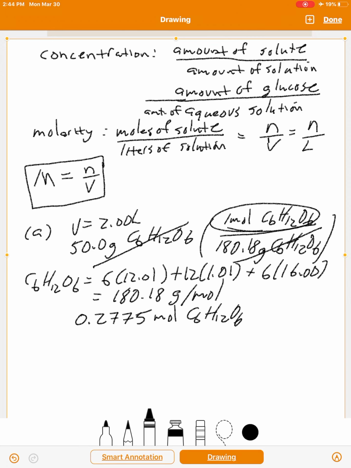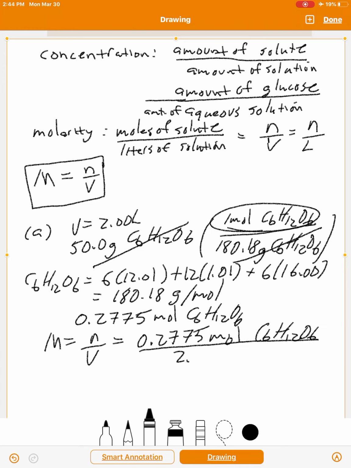So now we got the moles, we got the liters, so we can do the calculation. Molarity, moles over volume: 0.2775. Remember, it's the moles of the glucose, which is the solute, divided by 2 liters of solution. So 0.2775 divided by 2, and you get 0.13875, which I'll round off to 0.139.